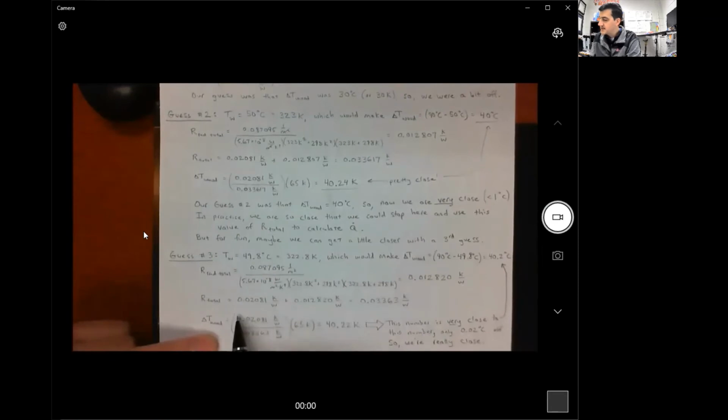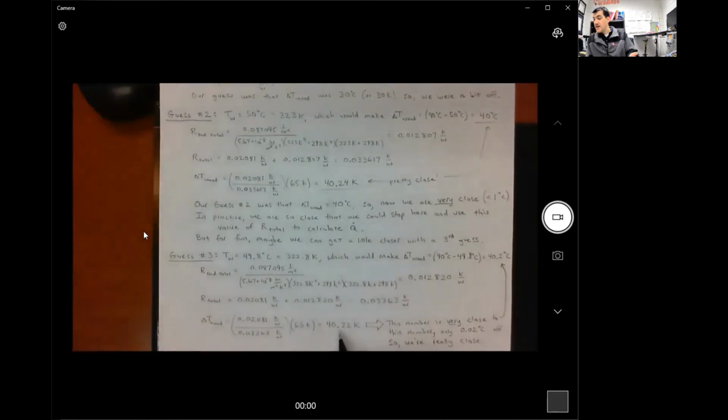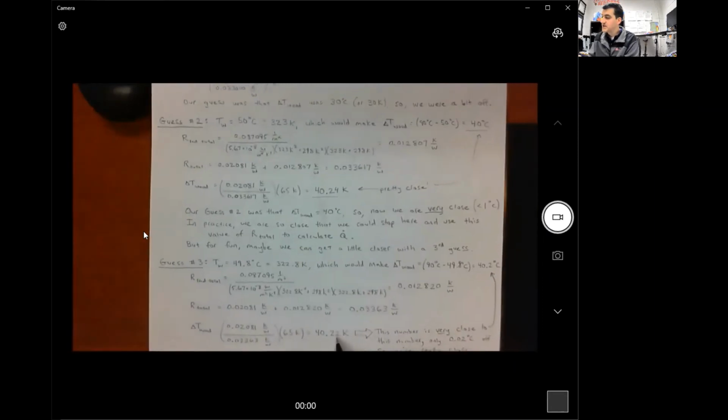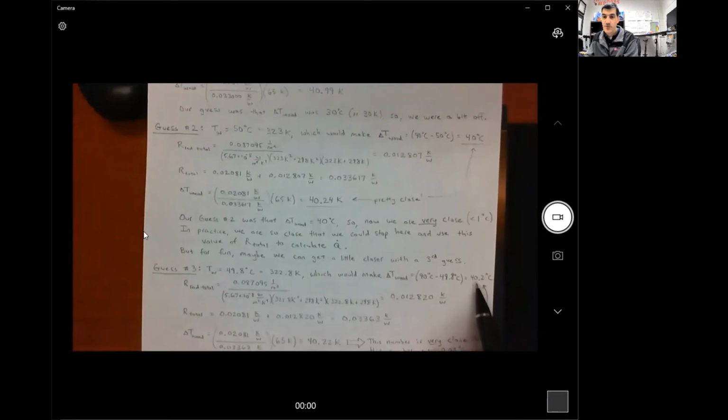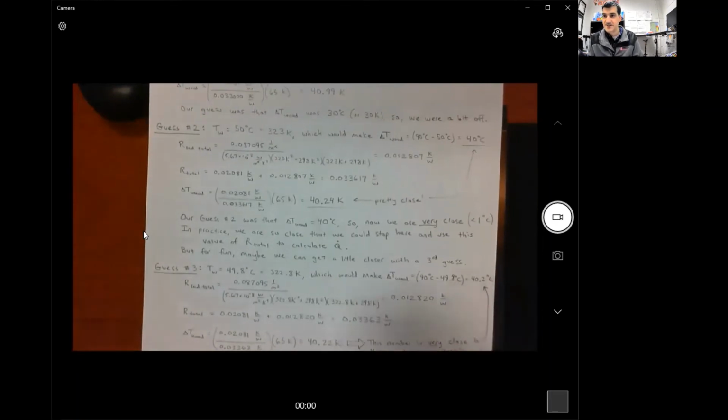I take my conduction resistance and divide by the total resistance. That's the ratio of the resistances. Then this is my total delta T in the problem, which would give me a delta T across the wood of 40.22 Kelvin, which is really close to my 40.2 degrees Celsius delta T across the wood.